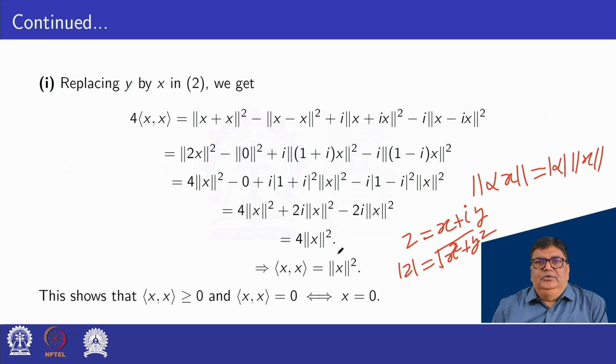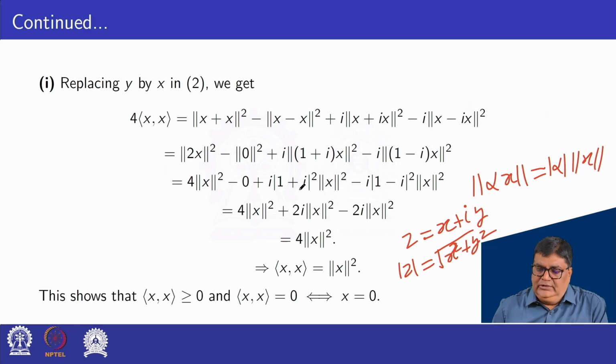Okay, so here x is 1 and i into 1, y is 1. Okay, so under root 1 plus 1, under root 2, and this is the squared term, that is 2.